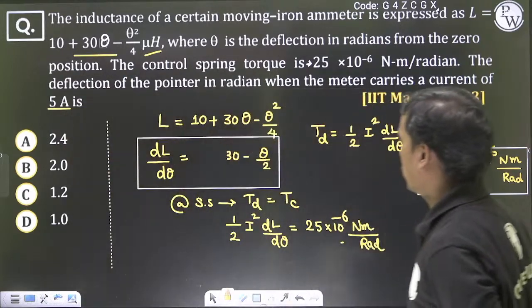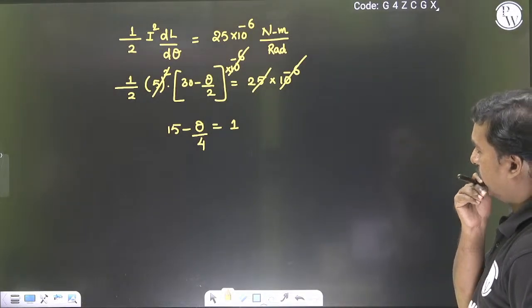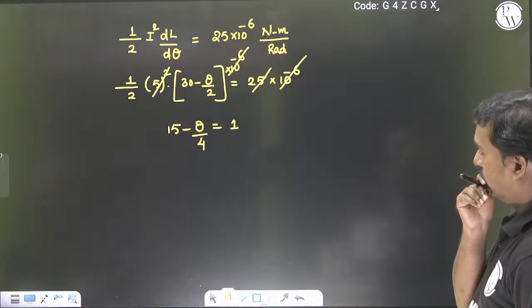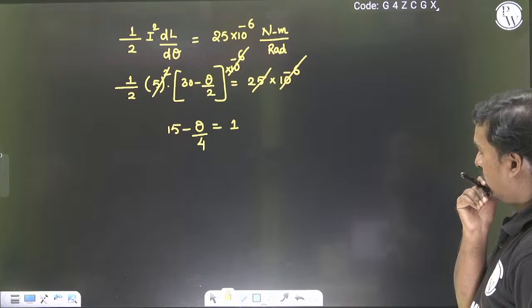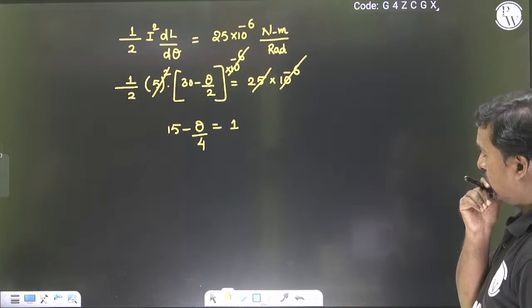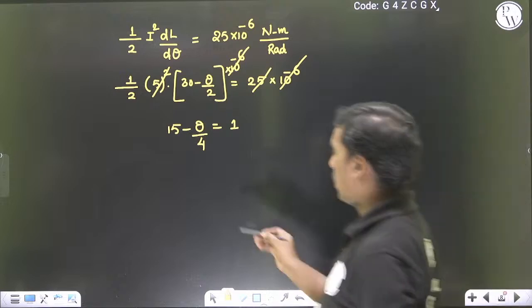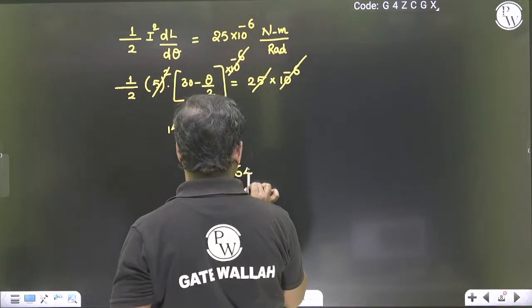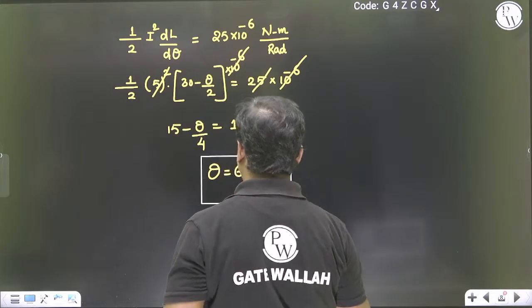Check that expression once. 64 is coming, na? 64 is coming. Answers are not matching. We have to check this answer.